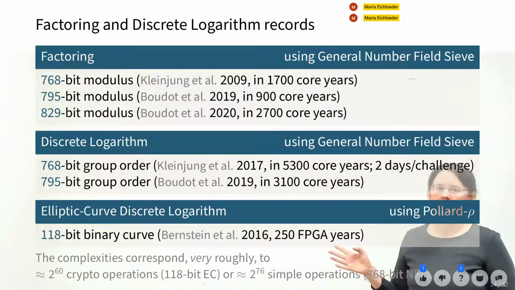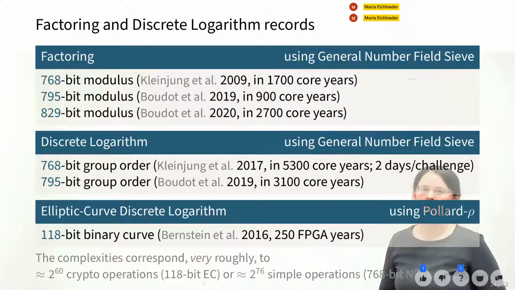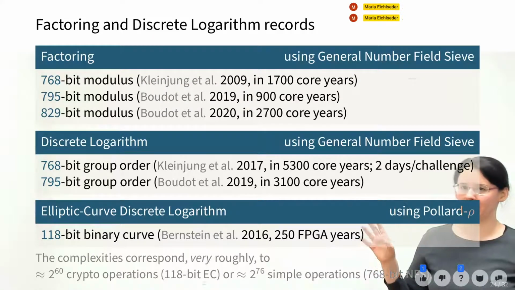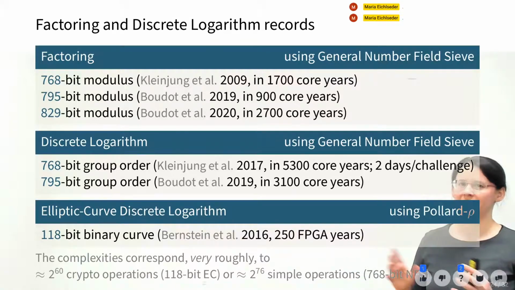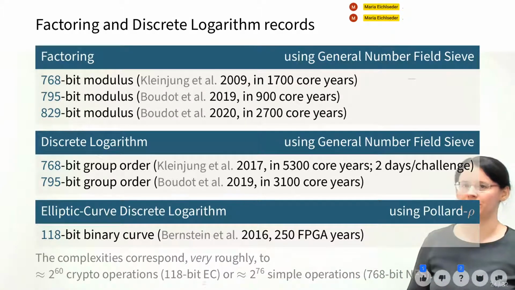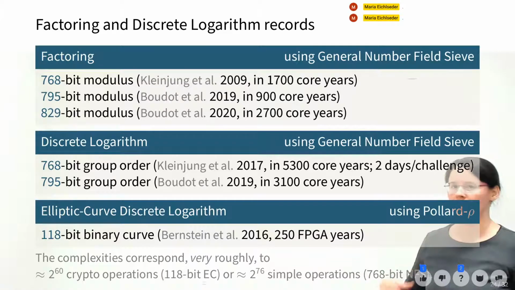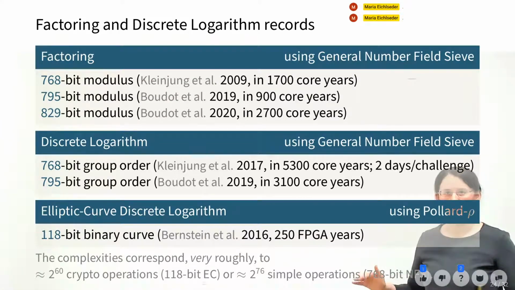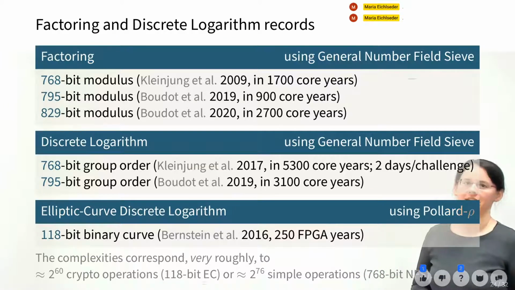And with this method, Bernstein et al. were able to find the discrete log of a 118-bit binary curve. There are a couple of related records that are also important because they are on slightly different structured curves, like on a prime curve and so on. So you might find a couple of records where all of them are the currently best ones in their category.